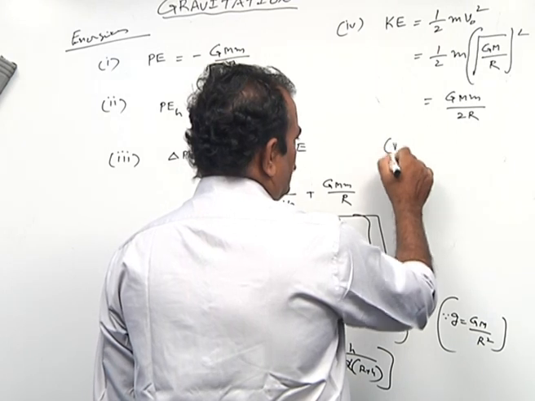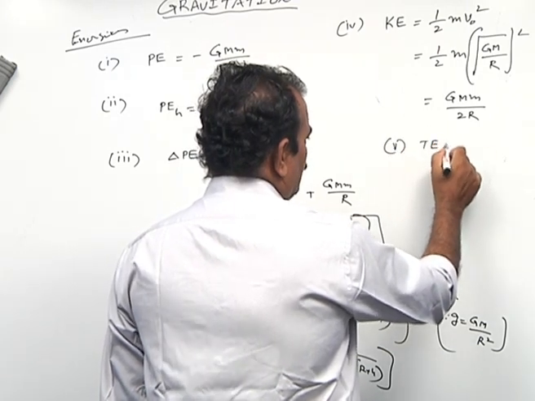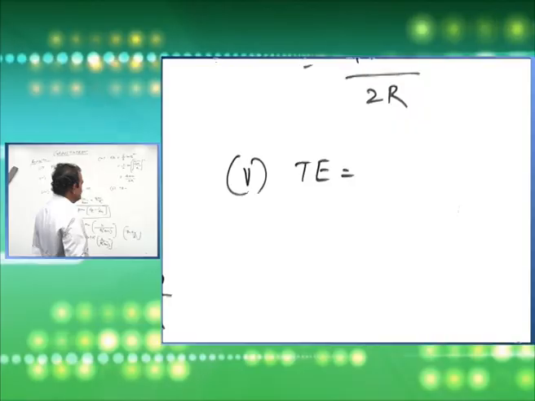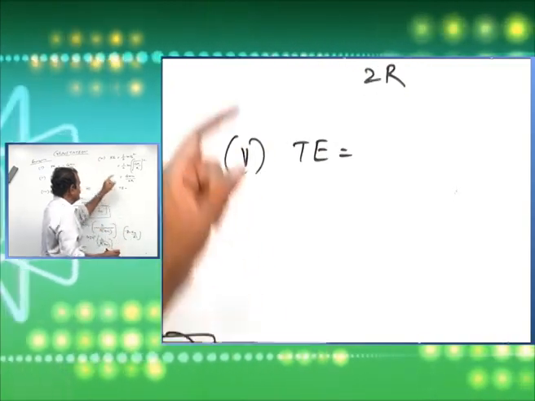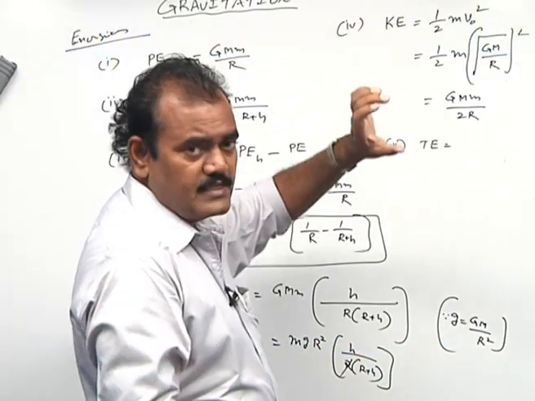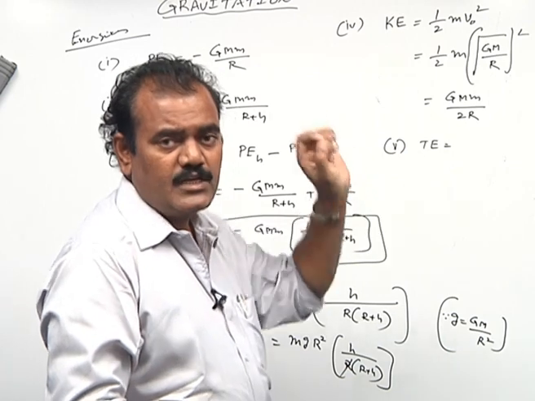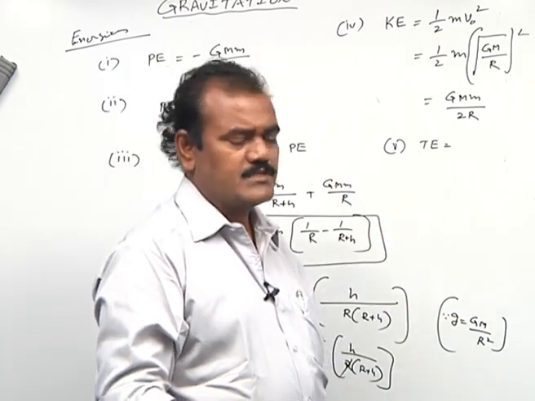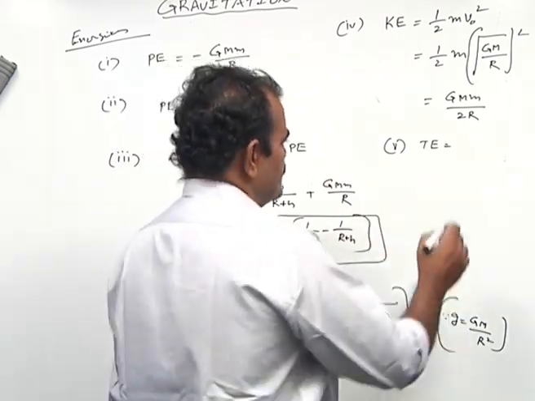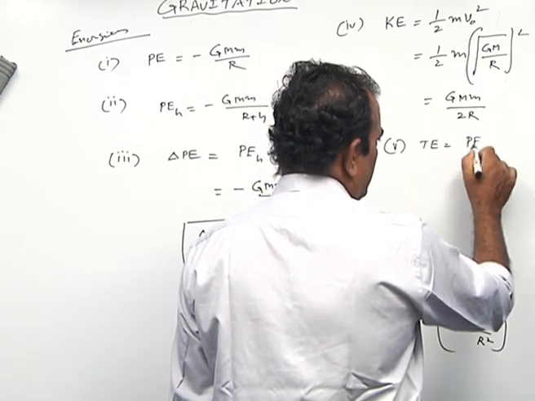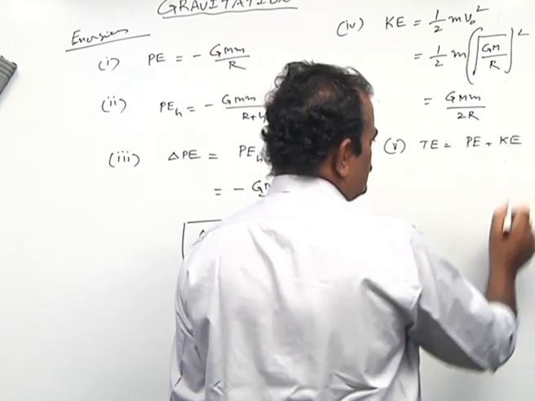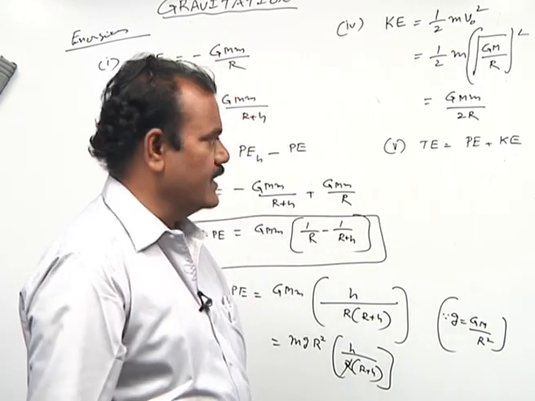Next, the fifth one is the total energy. Here we are giving the energies of a satellite which is revolving very close to the surface of Earth. So in this case, total energy is equal to PE plus KE. Very close to the surface of Earth means h is neglected.